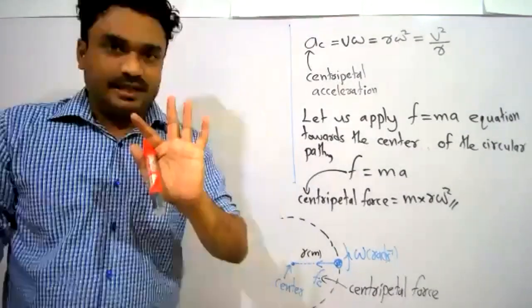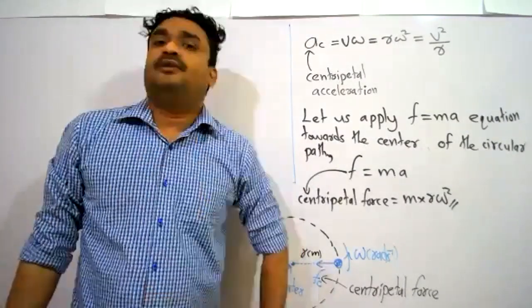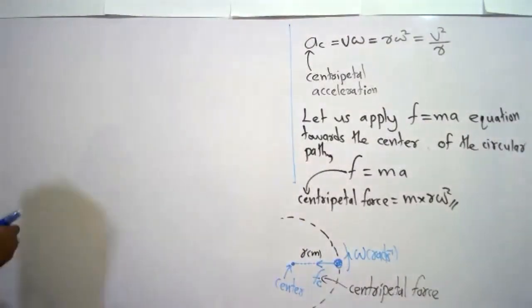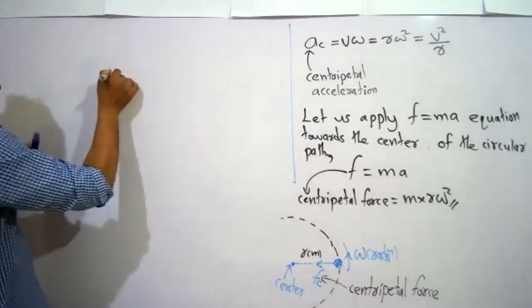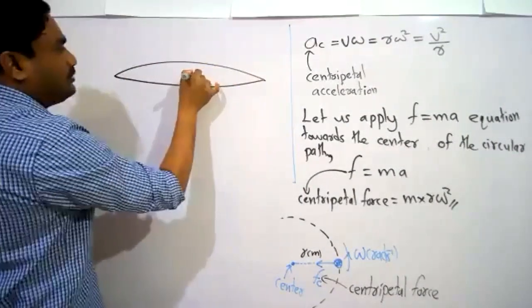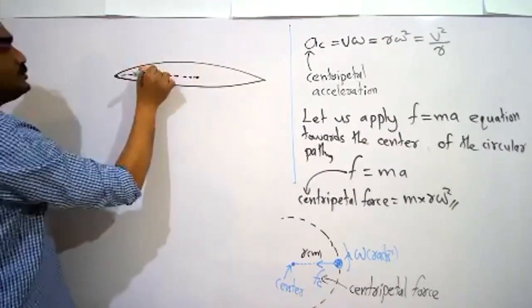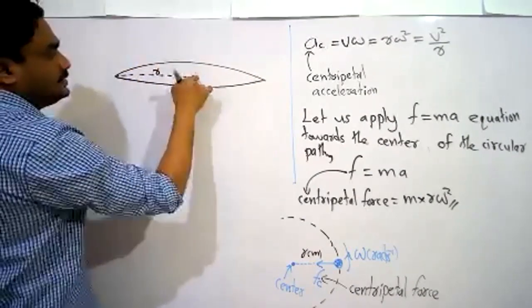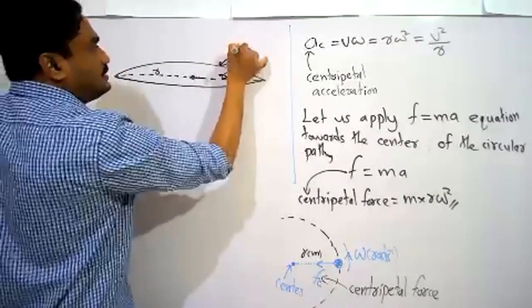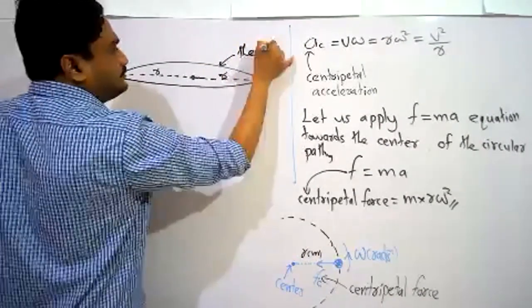I'm going to draw a figure. You need that figure to understand everything. So there is a ring. They have not given the radius of this ring. Let me use it as R. This is also R. This is the ring.